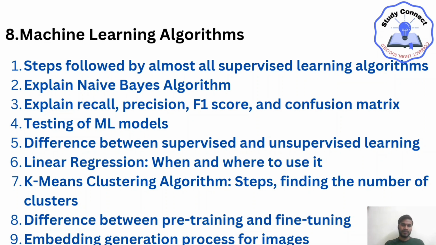In the examination we may be given a data set, and the questions will be asked about recall, precision, F1 score and the confusion matrix on the data set. Testing of ML models: how do we test an ML model, what are the criteria on which we test an ML model, so that we say this model is good or needs to be remodeled.